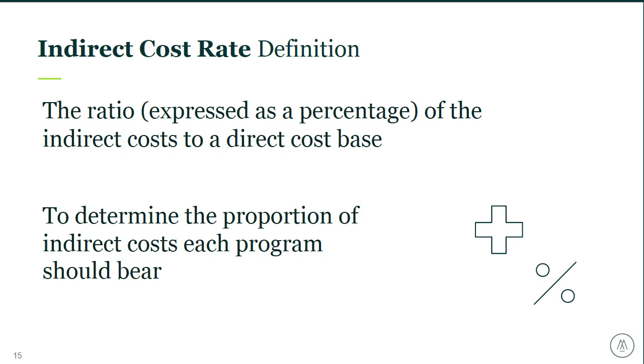We'll talk a little bit about that too, because as I'm sure most of you are aware, when you're negotiating indirect cost rates, that direct cost base includes not just your federal programs, but it can include state programs and programs funded by the tribal government through the general fund.